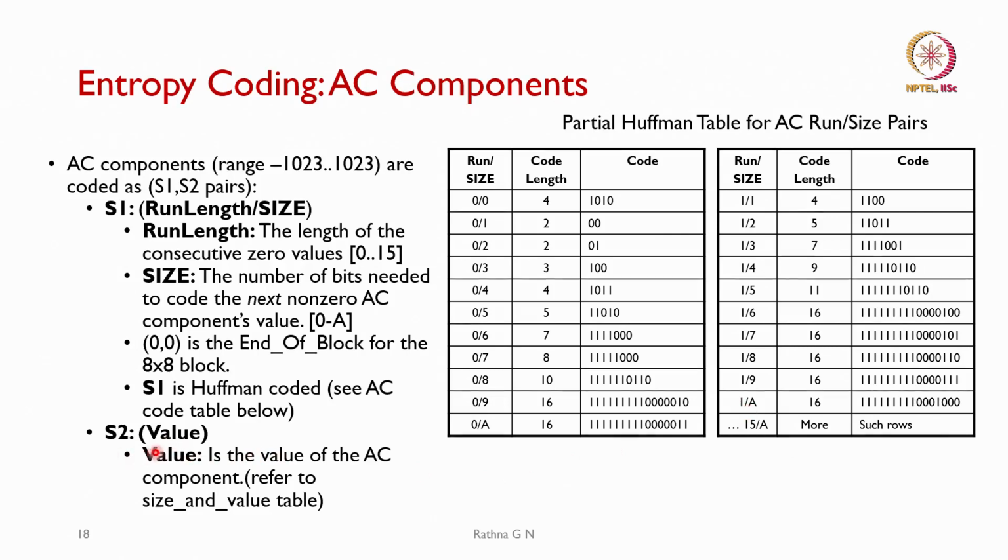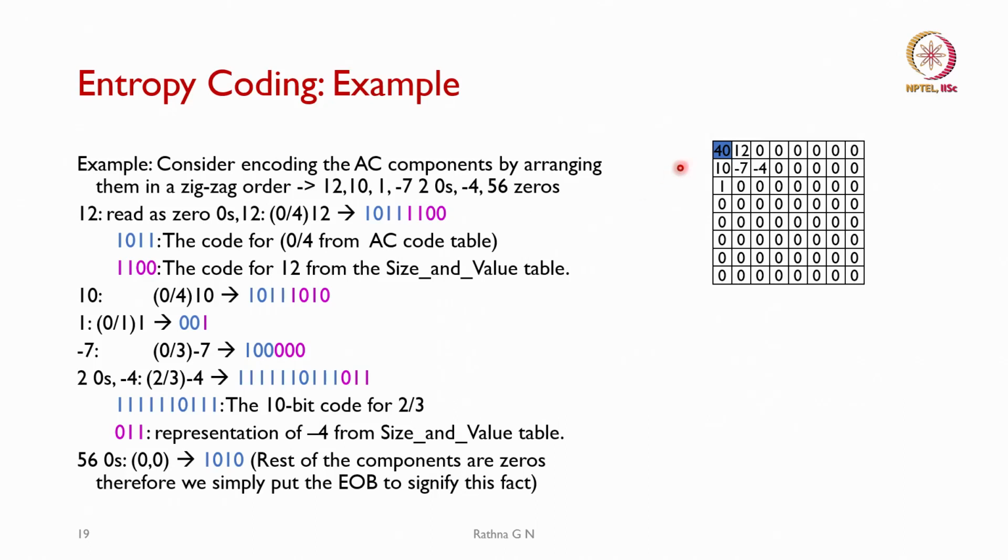In this case you have S1, S2, where S2 will be the value. So, this is the run length or size you send, and then the value, the AC component value you put in. This is the size, then the code length and then the code here. So, the value will be from here.